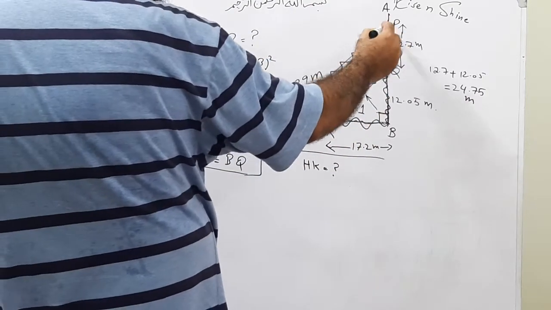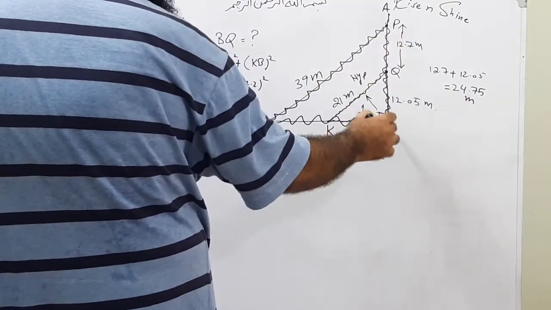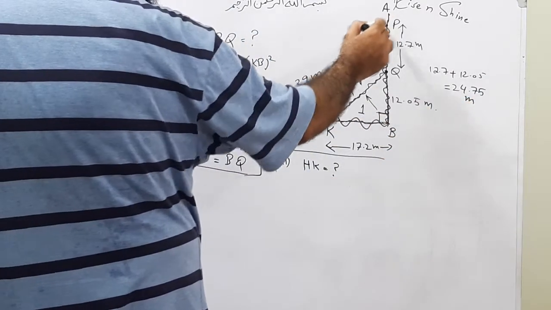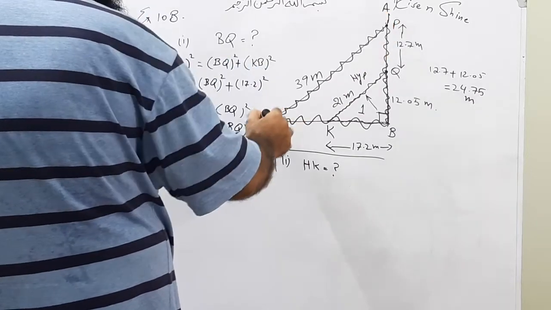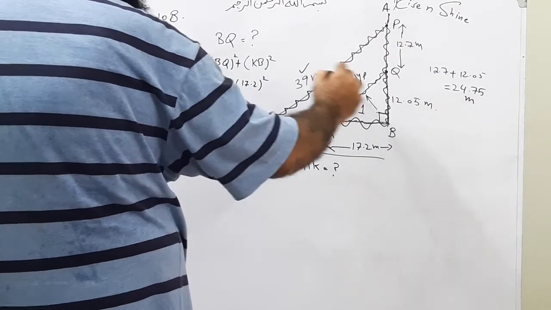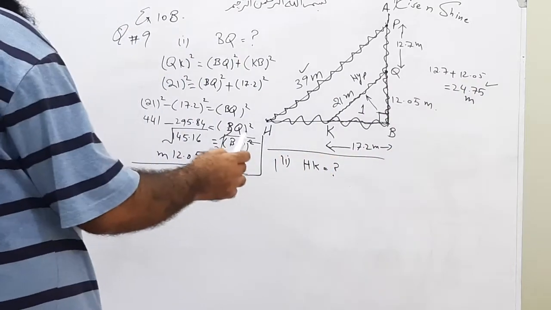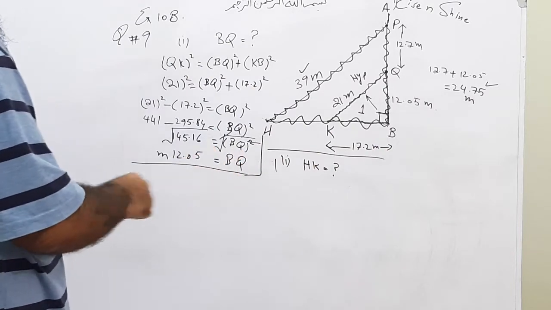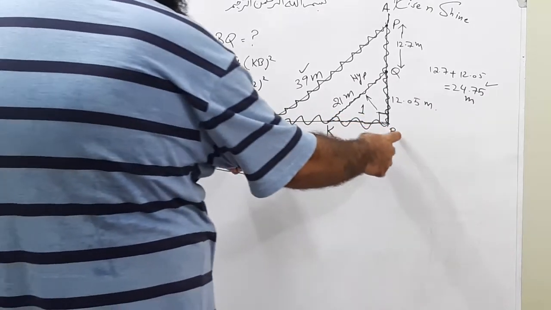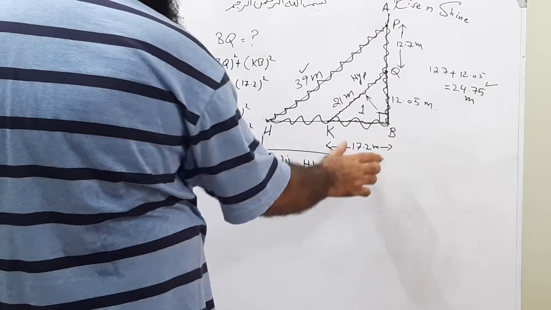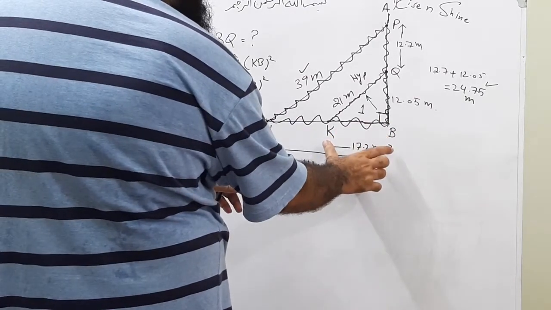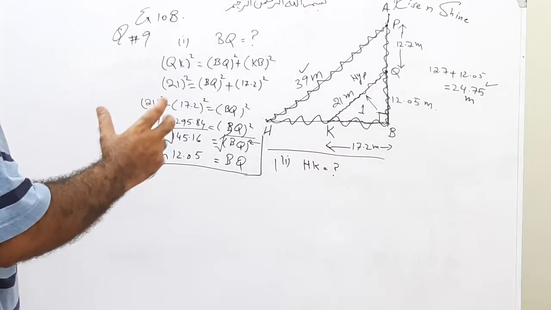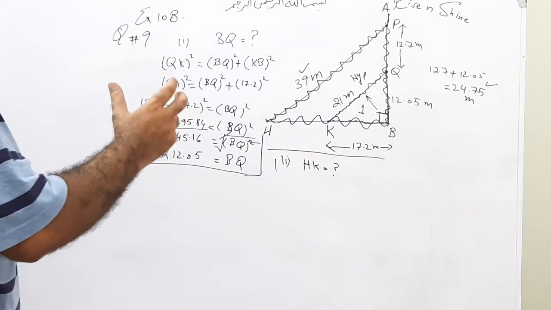So we have this BP 24.75, we have this HP 39. So we'll be finding out this HB by applying Pythagoras theorem. Once we get HB, we already have this value with us, so we'll be subtracting this BK from HB and we'll get HK.